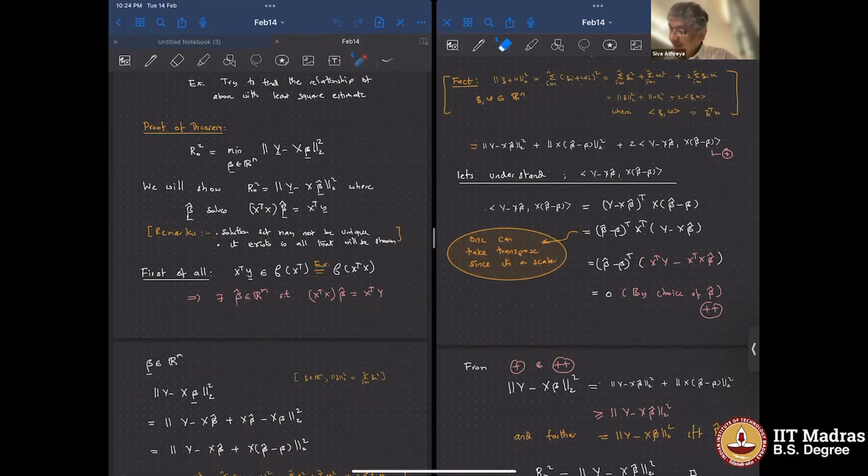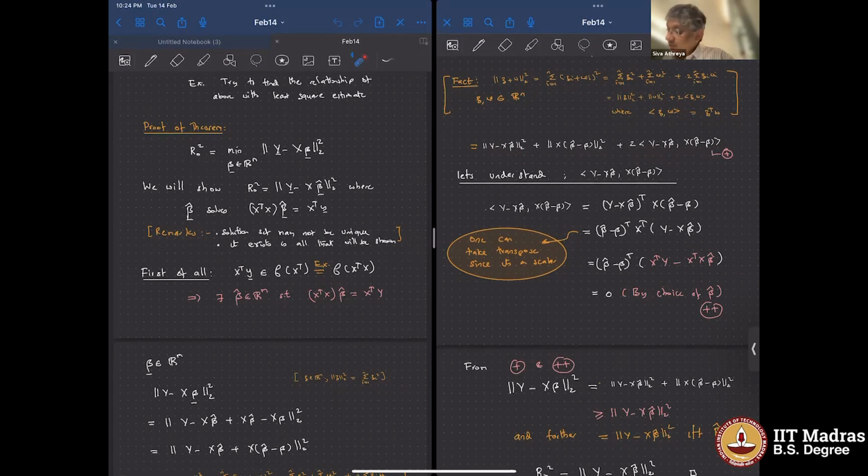I use a simple linear algebra fact that if I take two vectors in Rn, the L2 norm squared of the sum is the L2 norm squared of each of these plus twice the inner product. So I do the same thing: I take the first vector and the second vector, L2 norm squared of the first, plus that of the second, plus twice the inner product.